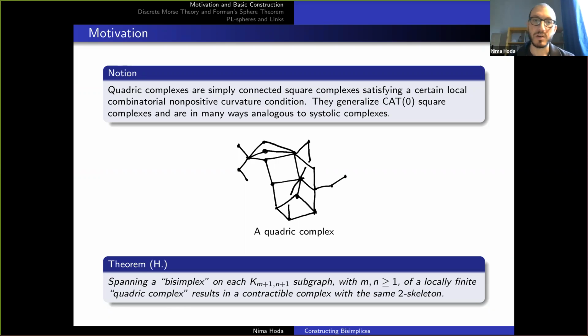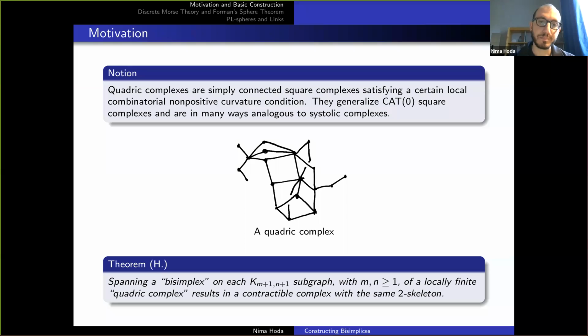In many ways, they're analogous to systolic complexes, and they're nice to have your group acting on, like systolic complexes, like CAT(0) cube complexes.